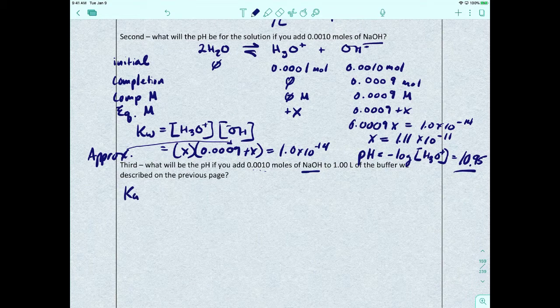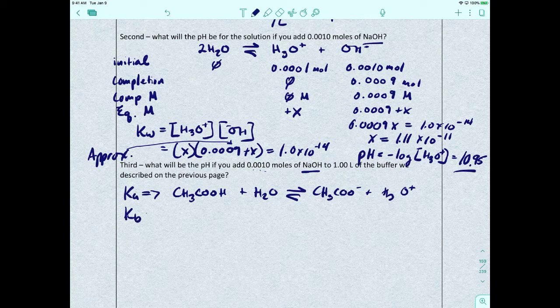You've got a Ka reaction that says acetic acid plus water is in equilibrium with acetate ion plus H3O+. And you've got a Kb expression that says the acetate ion plus water is in equilibrium with acetic acid plus hydroxide ion.